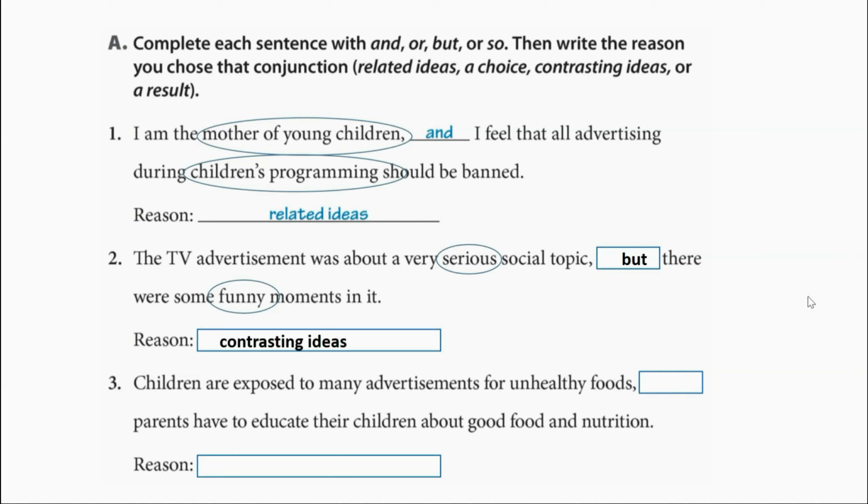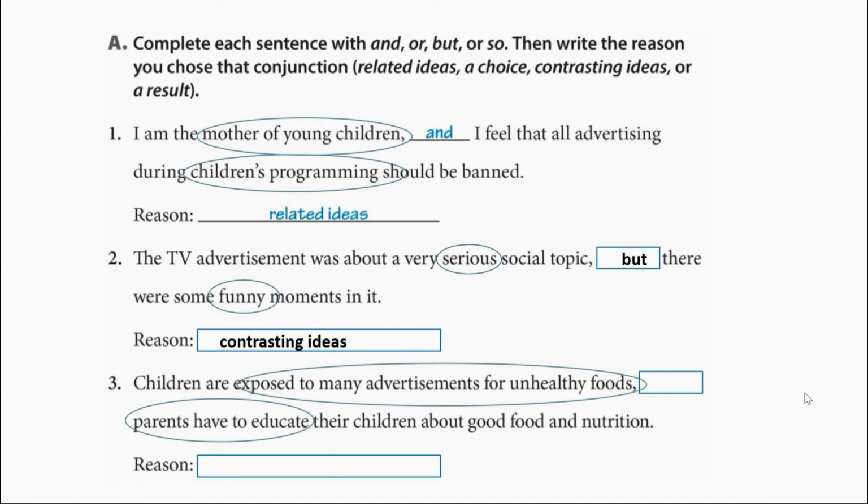Let's look at number 3. Children are exposed to many advertisements for unhealthy foods. Parents have to educate their children about good food and nutrition. We have two ideas again. Children being exposed to many advertisements for unhealthy foods. And then the second idea, parents have to educate.